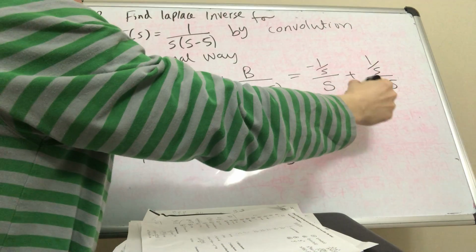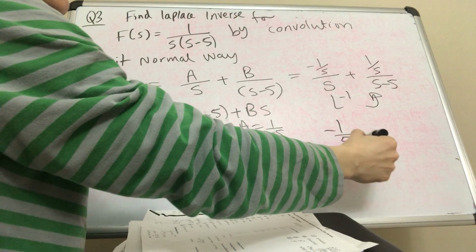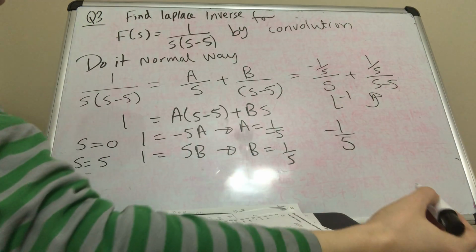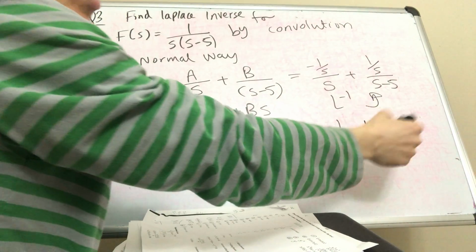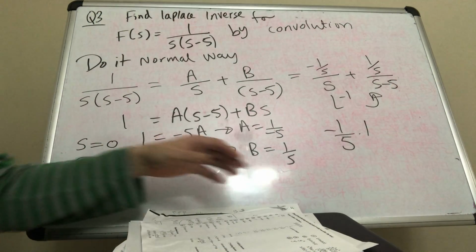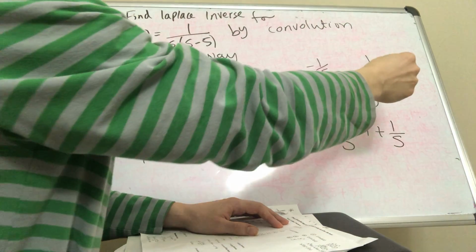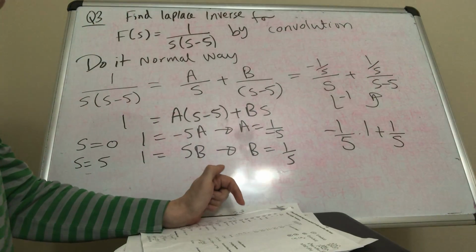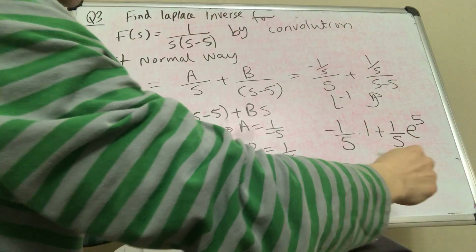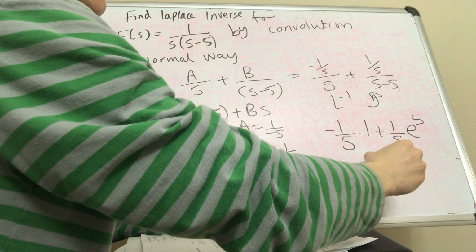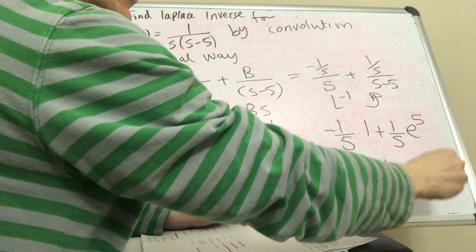To do the inverse for the first one, 1 over s, we know that's just 1. And for the second one, s minus 5, that's e to the 5t. So the answer is negative 1 over 5 plus 1 over 5 e to the 5t.